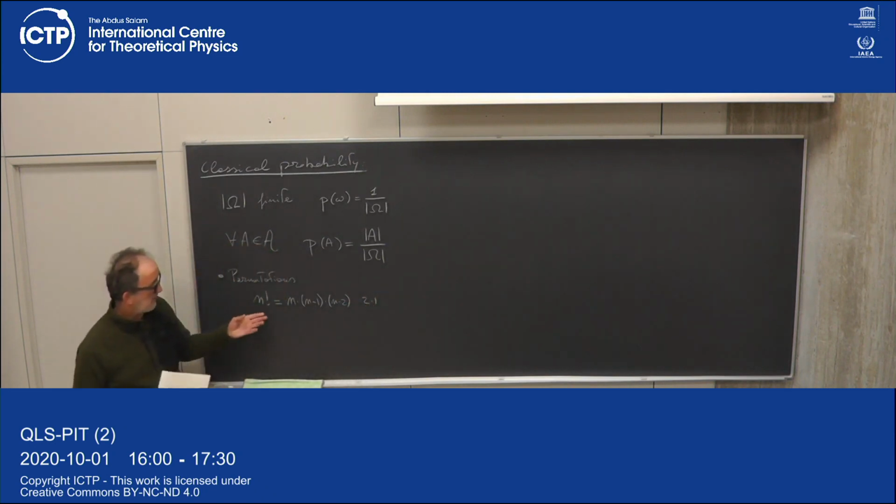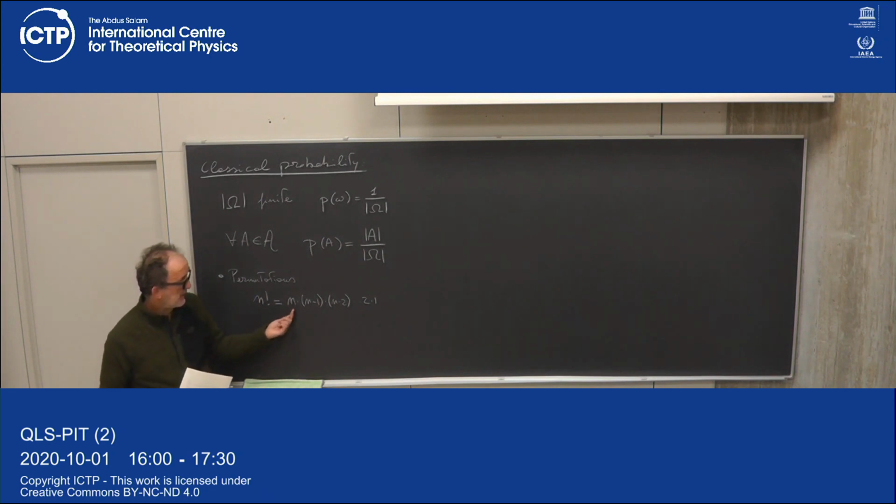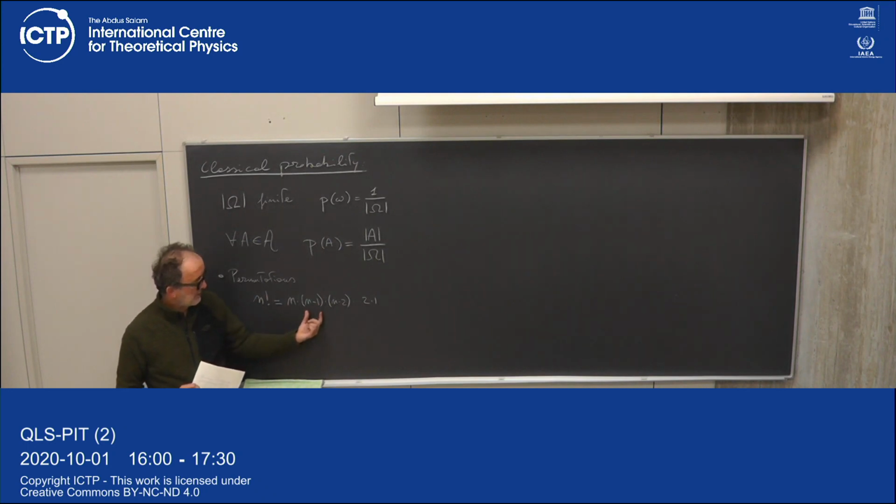Because for the first object, there are n possible positions where I can put it in the list. For the second one, there are n minus 1. For the third one, there are n minus 2, etc., up to 1.